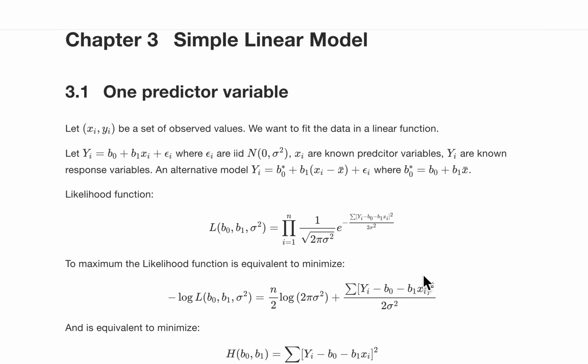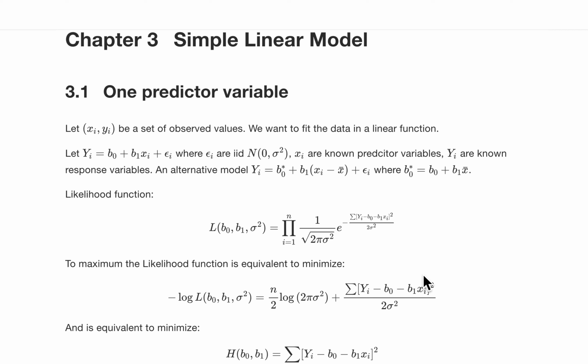We assume all epsilon i are independent, identical, normal random variables with mean 0 and variance sigma squared. The xi we call predictor variables, and the Yi we call response variables.